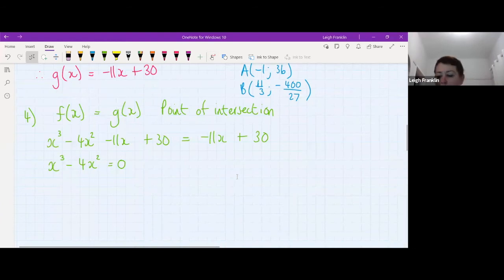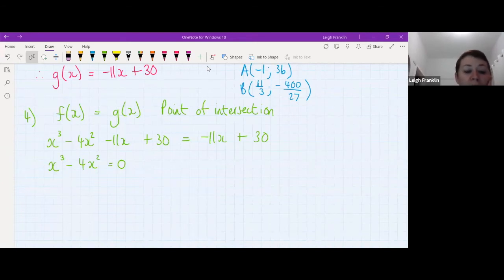Okay. So now we have to factorize. We're going to have to factorize by taking out a highest common factor. What do you think in this case, matrix? What's our highest common factor? X squared. Yeah.